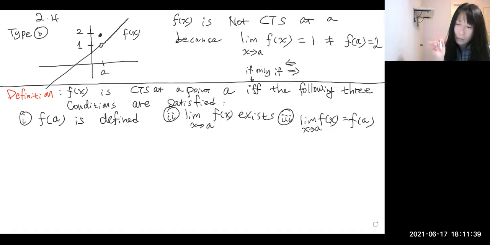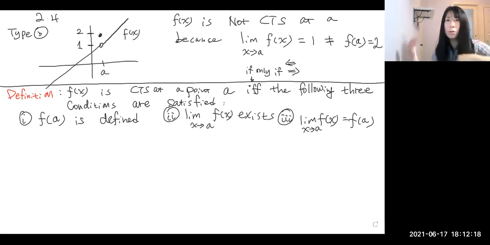So if and only if means if the function is continuous at point a, then the three conditions are satisfied. That is a true statement this way, okay? Going the other way, if f of a is defined, and the limit exists, and the limit is the same as f of a, then we say that the function is continuous at point a, okay?